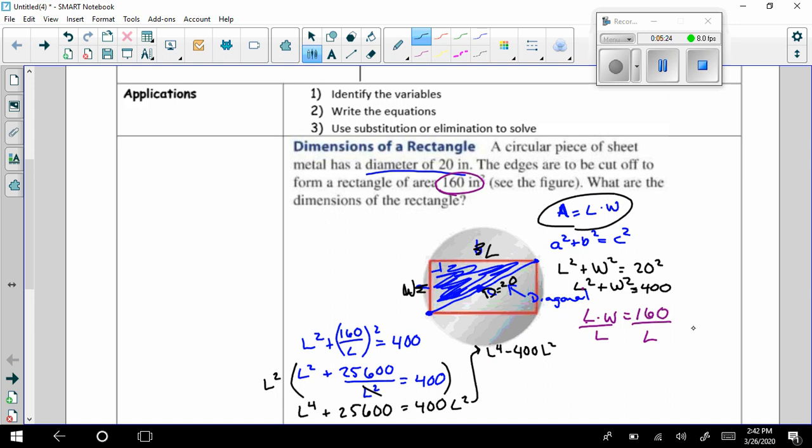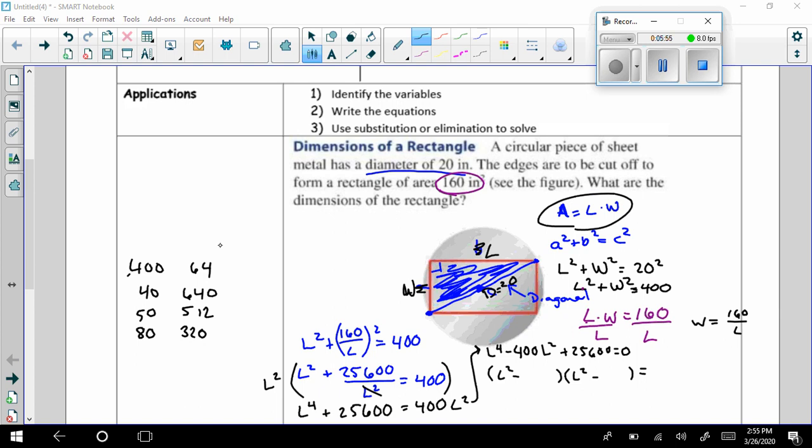Move this over. And then factor, so L squared, L squared. I'm going to have both of them be subtraction because they add to negative and multiply to positive.